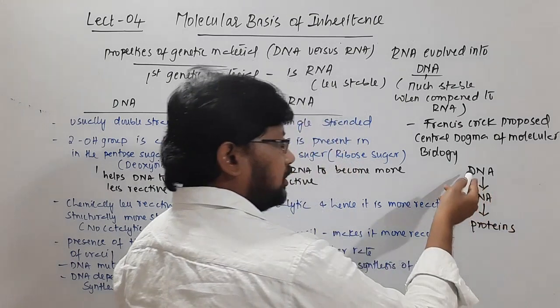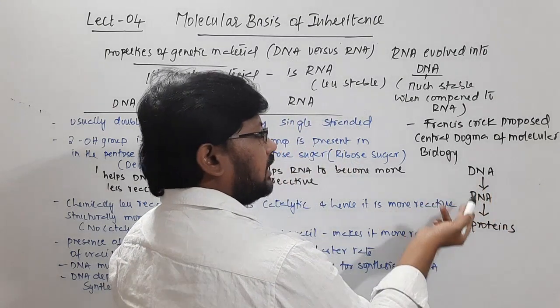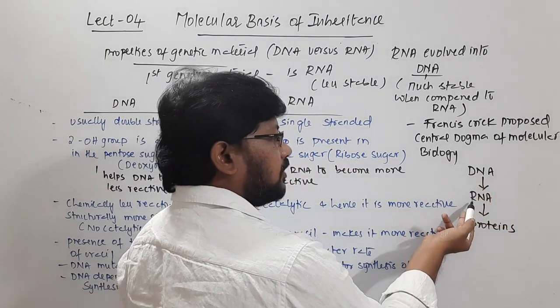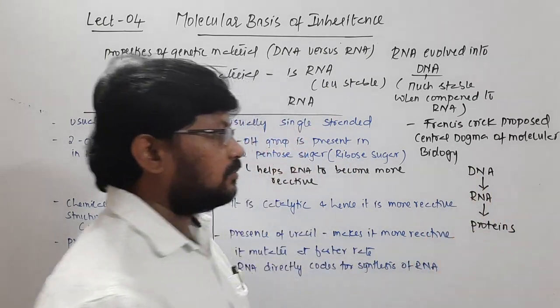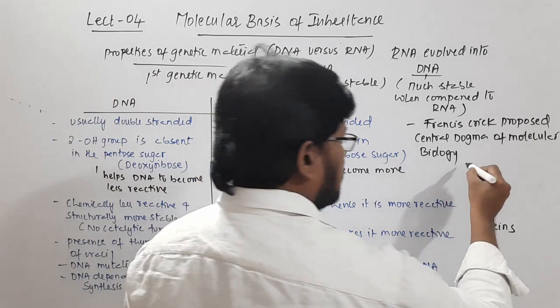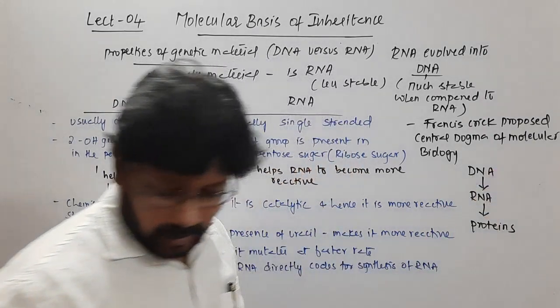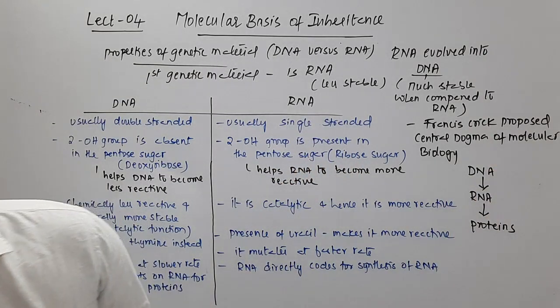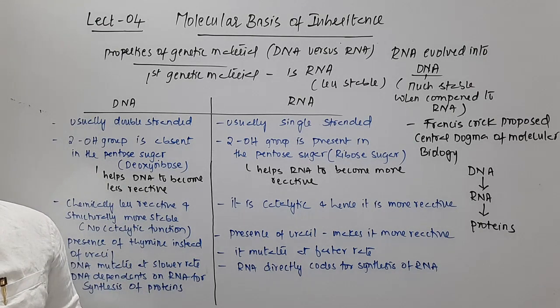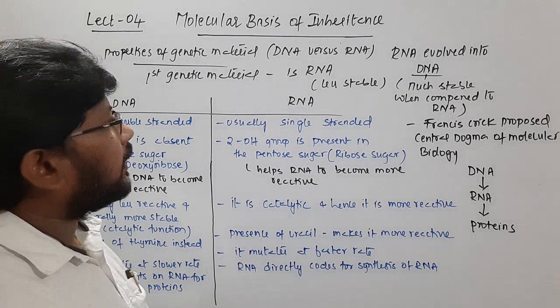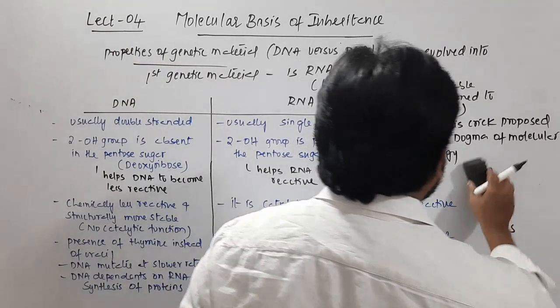The information present on the DNA is transferred to RNA, and from RNA the information is used to synthesize proteins. This is what is called the central dogma of molecular biology.